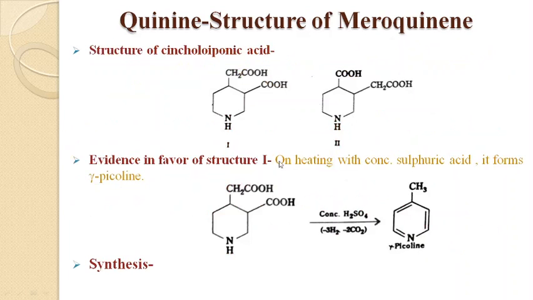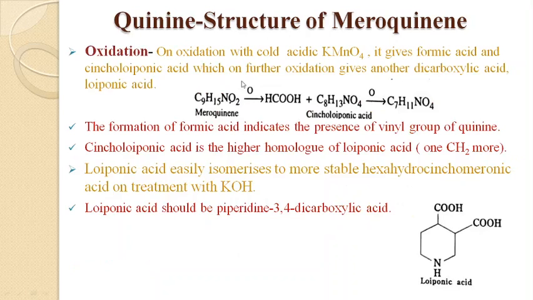Next we come to the structure of cincholoiponic acid. As you know, cincholoiponic acid contains one CH2 more than loiponic acid, and we have drawn the conclusion that loiponic acid is piperidine 3,4 dicarboxylic acid.